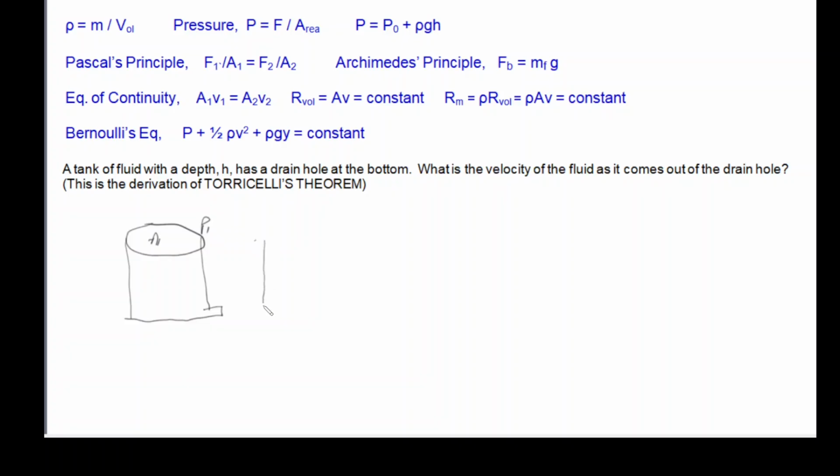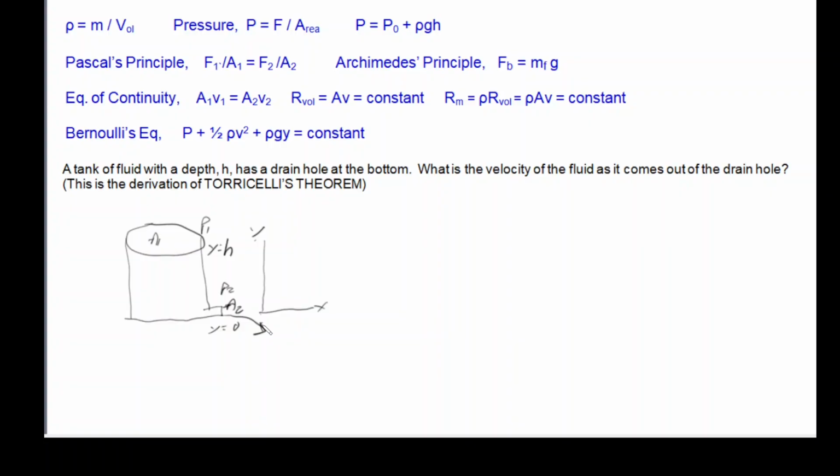And if this is our y-axis and x, this is at y equals 0, and we'll call this y equals h. And we have an area of the drain hole, A2, and that is at a pressure, P2. So the fluid's coming out, and we want to know what the velocity of that fluid is.